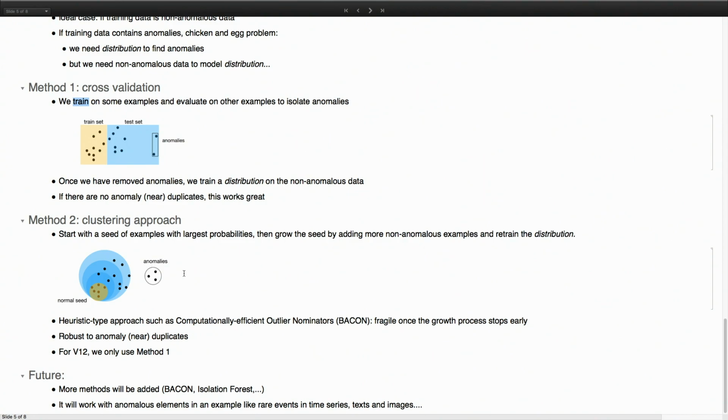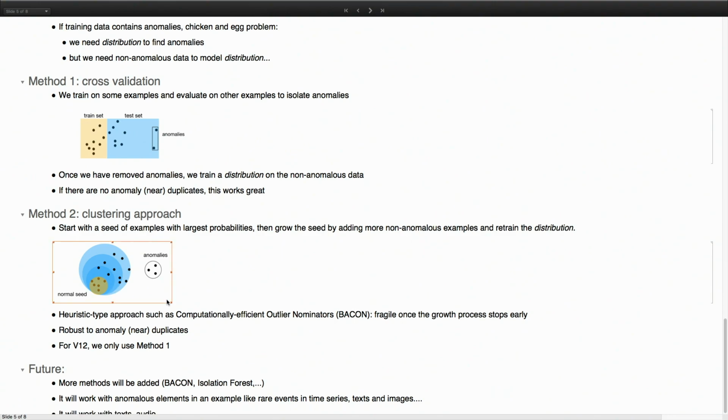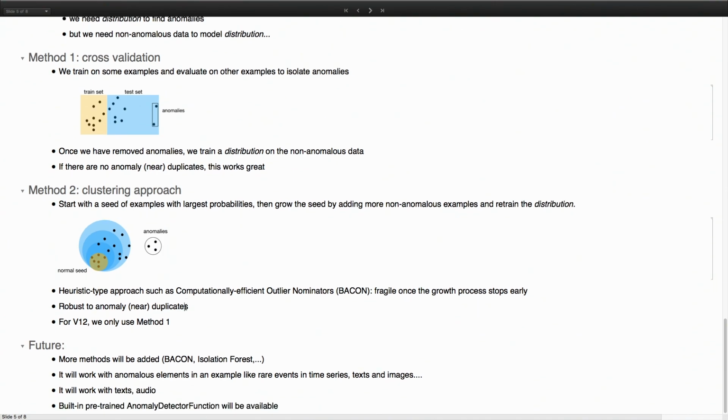This method can also easily fail if you have a group of points that are further apart. This normal growing process might stop early, and you would be left with a lot of normal data that you think are anomalies, but they're not. We implemented the first method, and we will add the second method and more methods in the future.